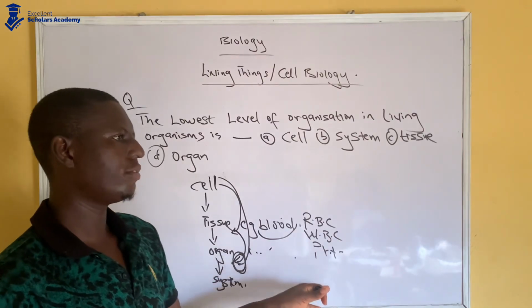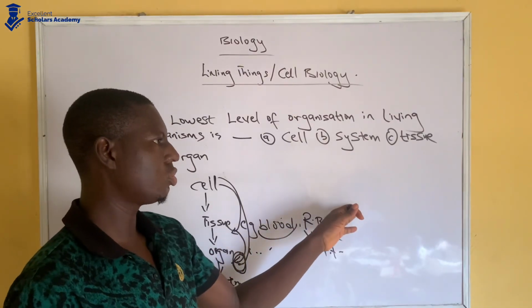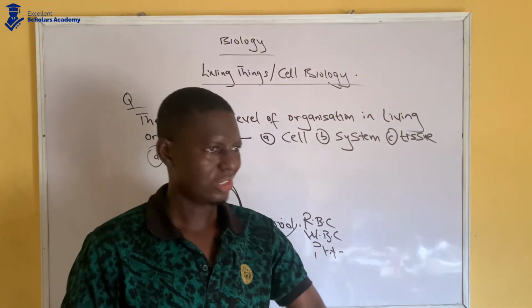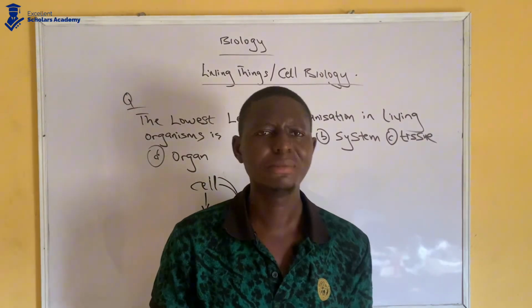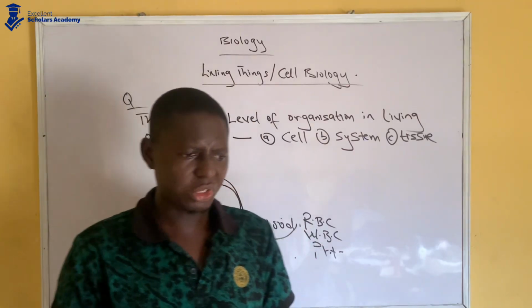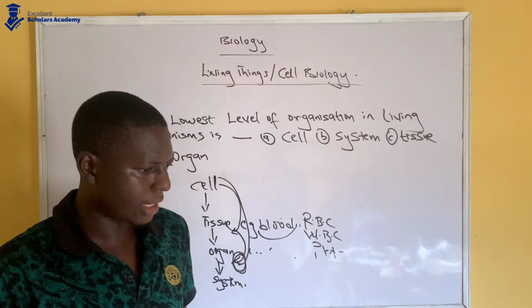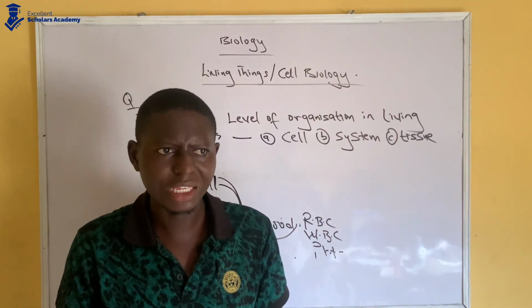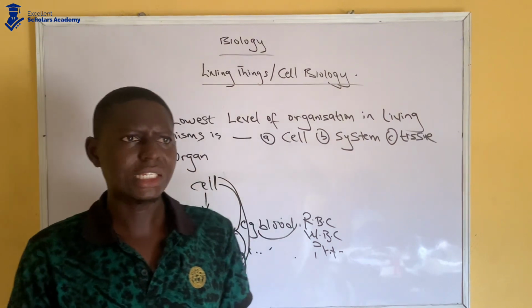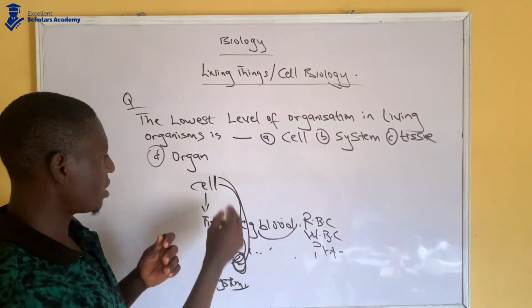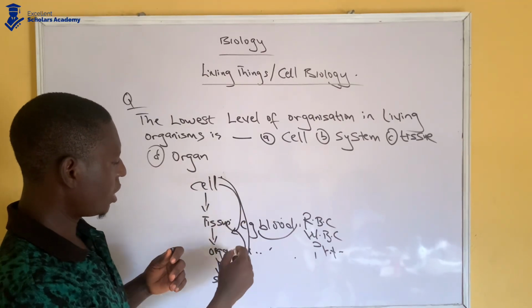In a plant, we have just two systems, the shoot and the root system. But in animals, we have the circulatory system, respiratory system, digestive system, etc. You discover that a system has different organs that function alike. If they don't function alike, it's not called a system. That means in a system, there is cell, there is tissue, there is organ.